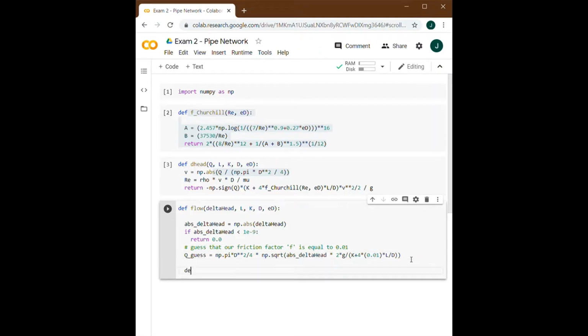So what we're going to do is create another function, call it f to 0. We're going to calculate the head of the guess and subtract it by the actual delta head.